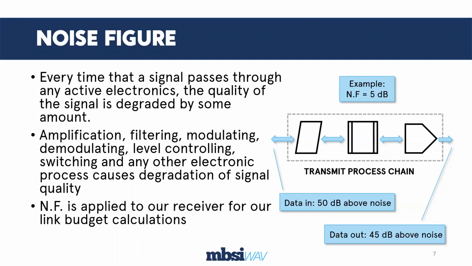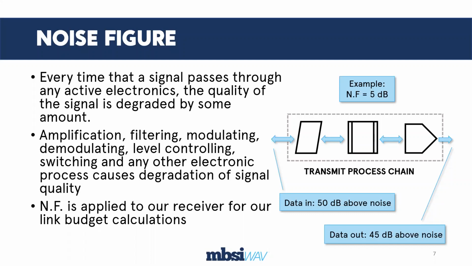In the case of this particular process that I've got here, I've got a transmit chain and the data starts off at 50 dB above the noise. So my desired signal is 50 dB above the noise. At the output of this, my signal will be 45 dB above the noise.